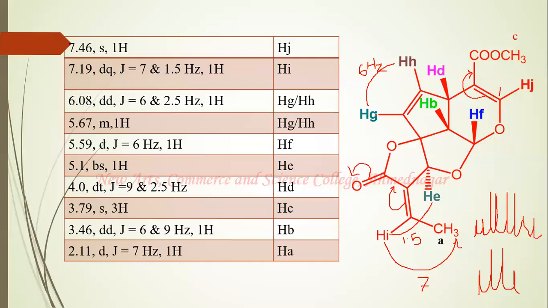So if I consider this as the Hg proton, it will couple with Hh with 6 Hertz, and it can couple with the Hd proton by 2.5 Hertz, and it can give me a doublet of a doublet. At the same time, I can consider Hh. The Hh proton will couple with Hg with 6 Hertz, and the Hh proton will couple with Hd with a small coupling constant value, and it can be up to 2.5 Hertz.